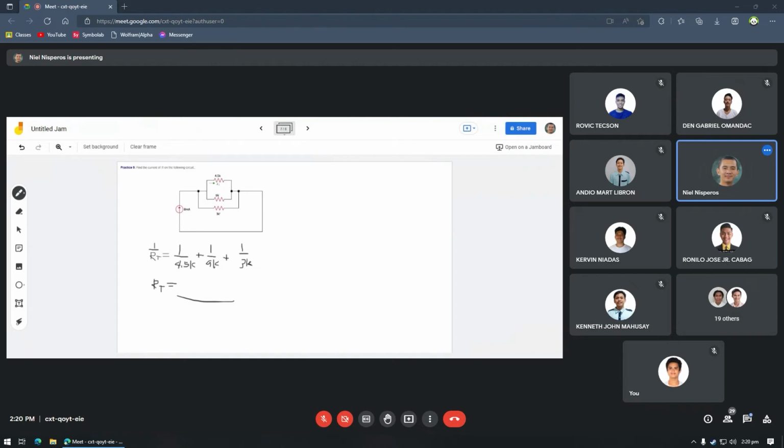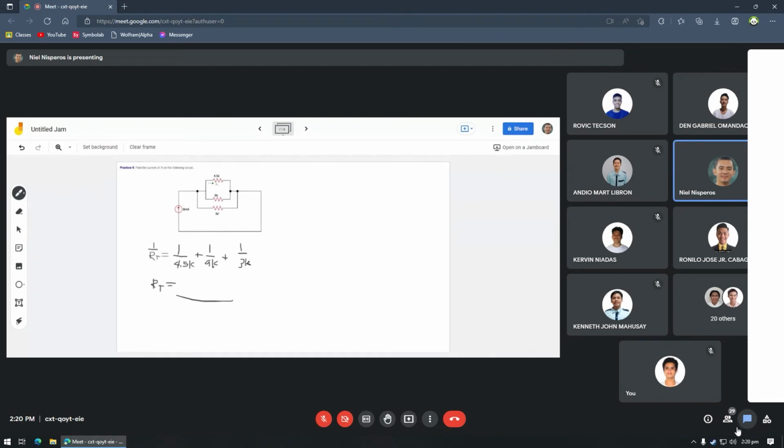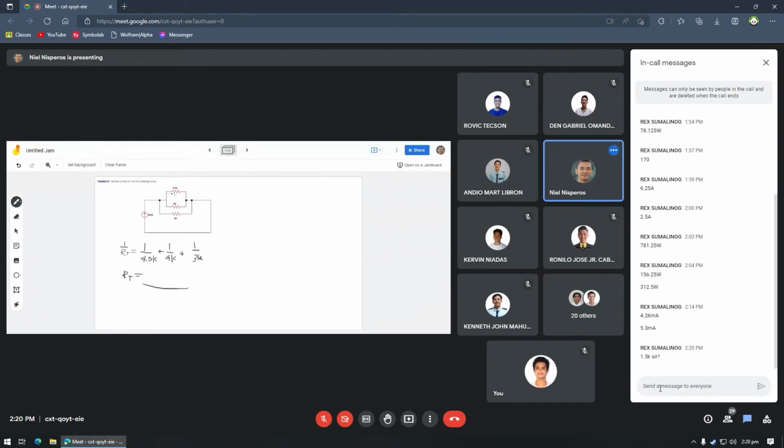Pila class? 1.5 kilo ohms. Okay, 1.5. So 1.5 kilo ohms.